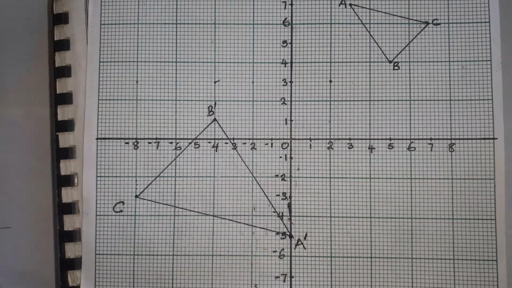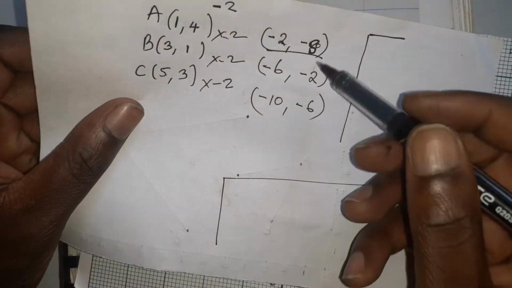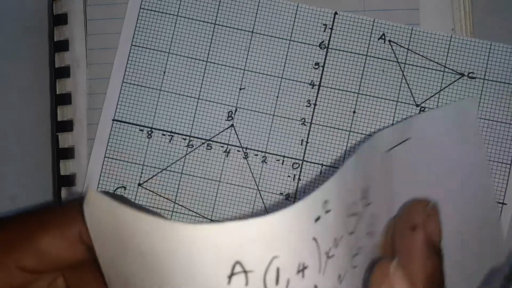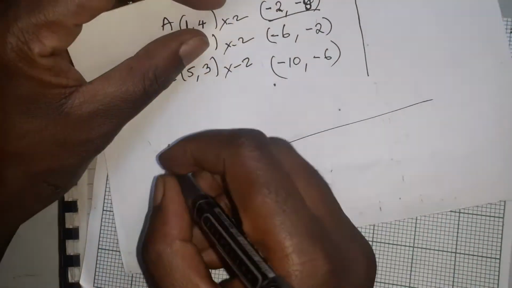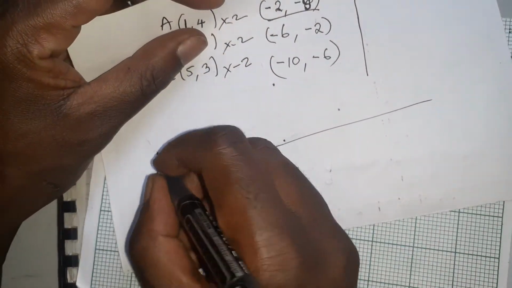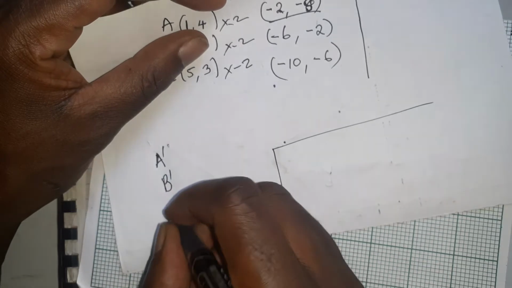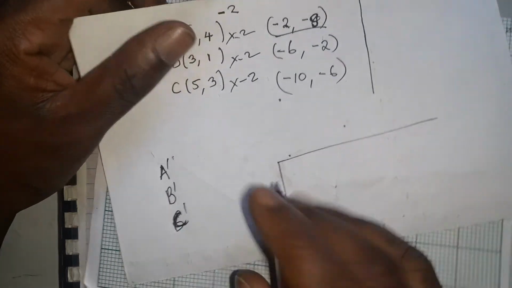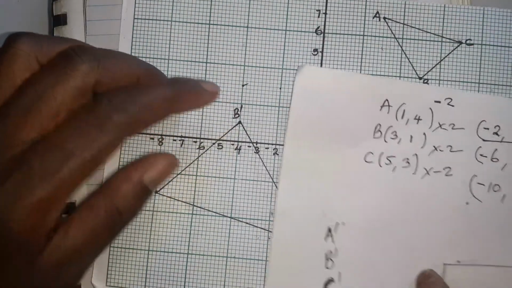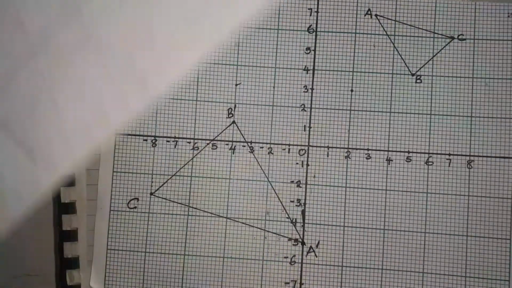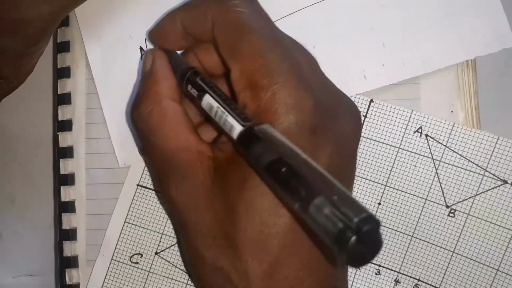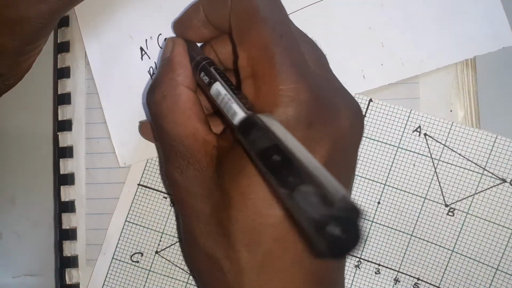So now you remember that I told you that these were not the final coordinates. These coordinates led us to the image. So if you want to come up with the coordinates of the image, we can get them from here. For instance, the coordinates for A is 0, comma, -5.